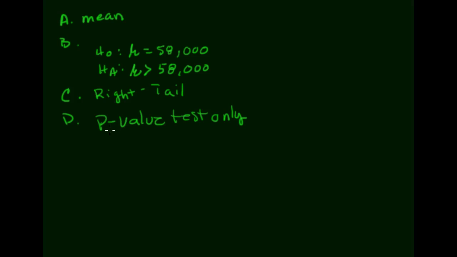Okay, part E asks what's the appropriate test here. The appropriate test is actually a z-test, because we have the rare circumstance here where sigma is known. So because we know what sigma is for the population, we can actually perform the z-test instead of the t-test. Alright, so let's actually perform that test.